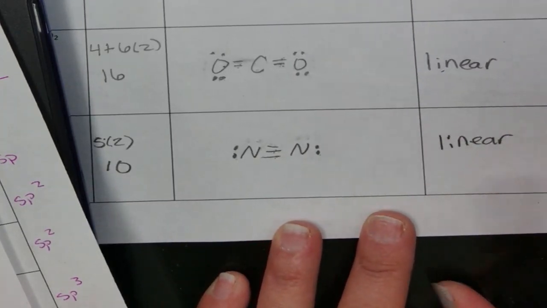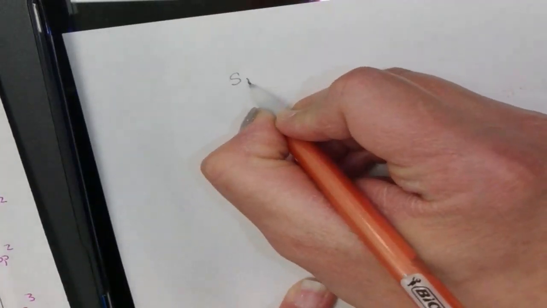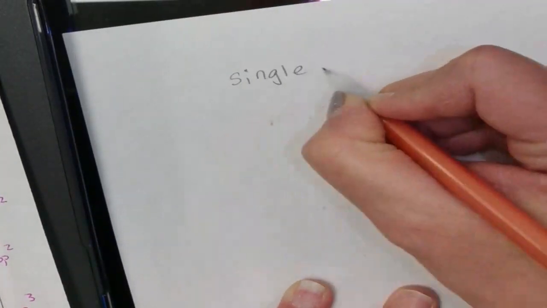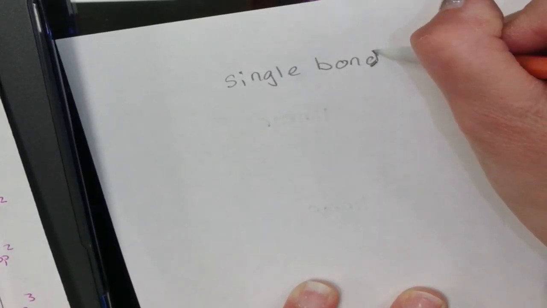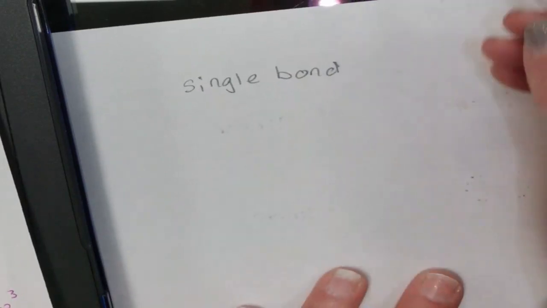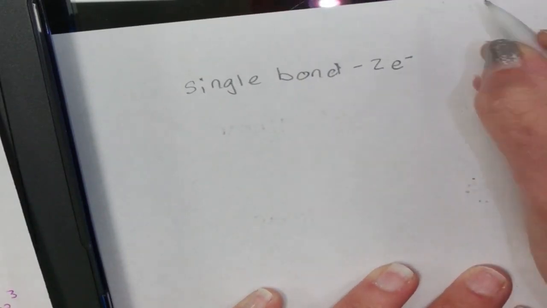So what are we talking about? I've had a whole lot of discussion here about single bonds, double bonds, triple bonds. Let's just take a moment to define those. A single bond has 2 electrons.